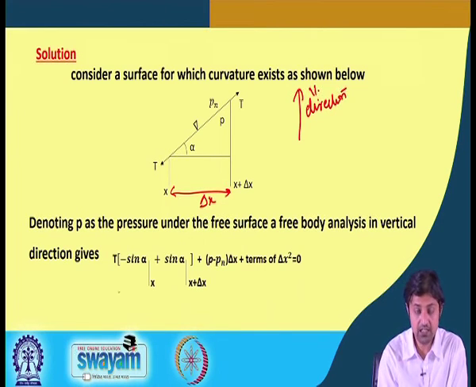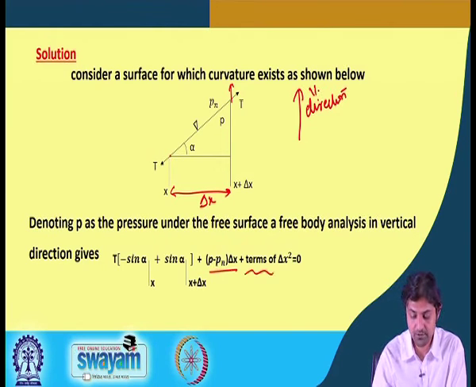So, we can write T minus sine alpha, because there will be a component here, and plus sine alpha at this point, because this is negative, this will be positive, plus because of this pressure difference P minus P n into delta x plus higher order terms of delta x square.